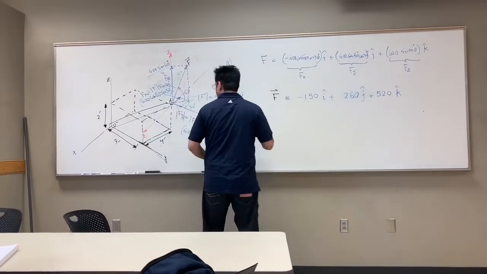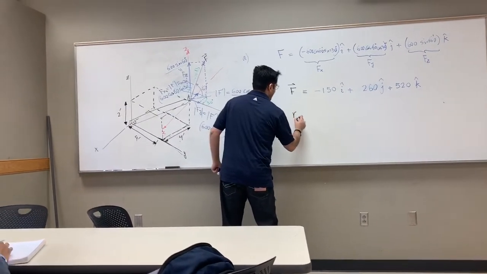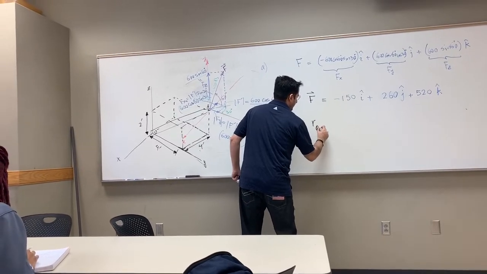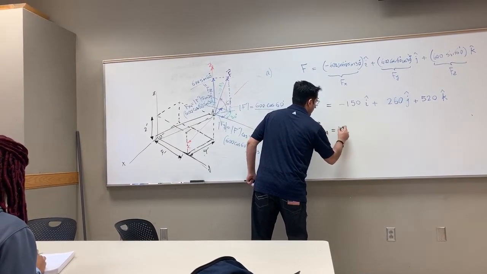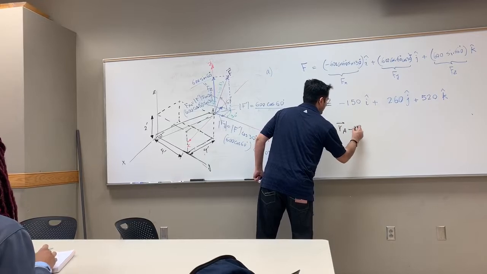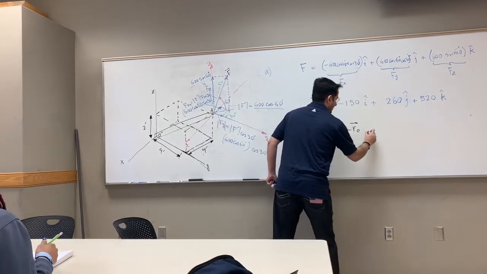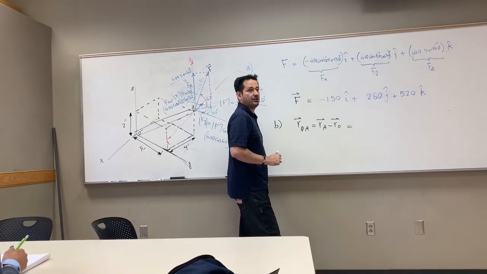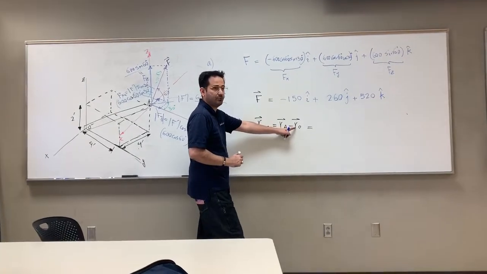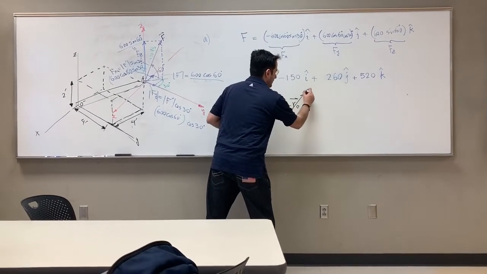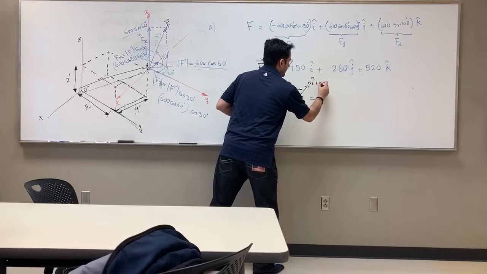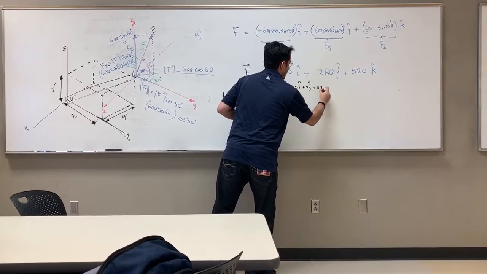So let's find OA, the position vector from O to A, which is simply RA minus RO, right? The end minus the beginning. And the beginning turned out to be 0, 0, 0, right? 0I, 0J, 0K.